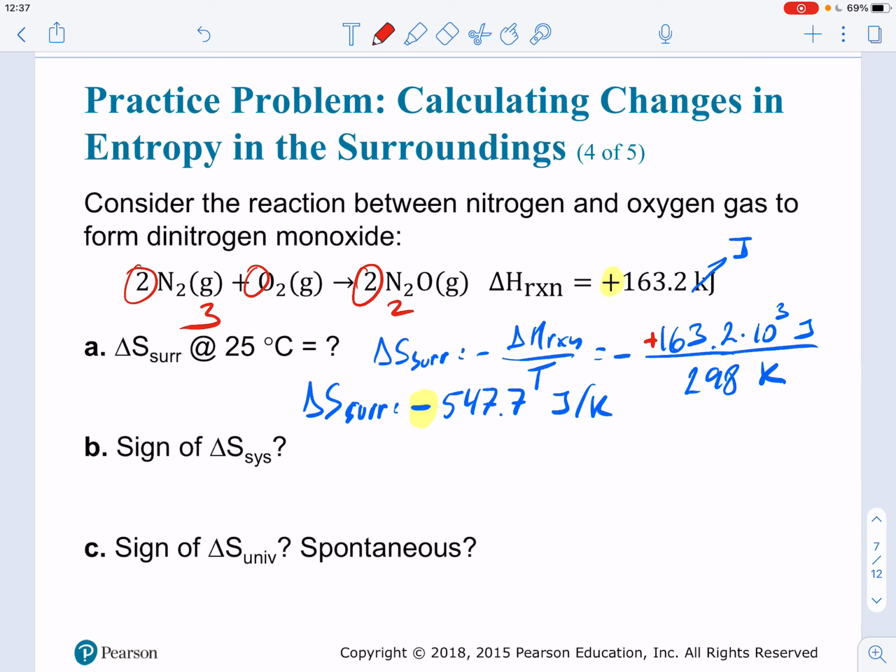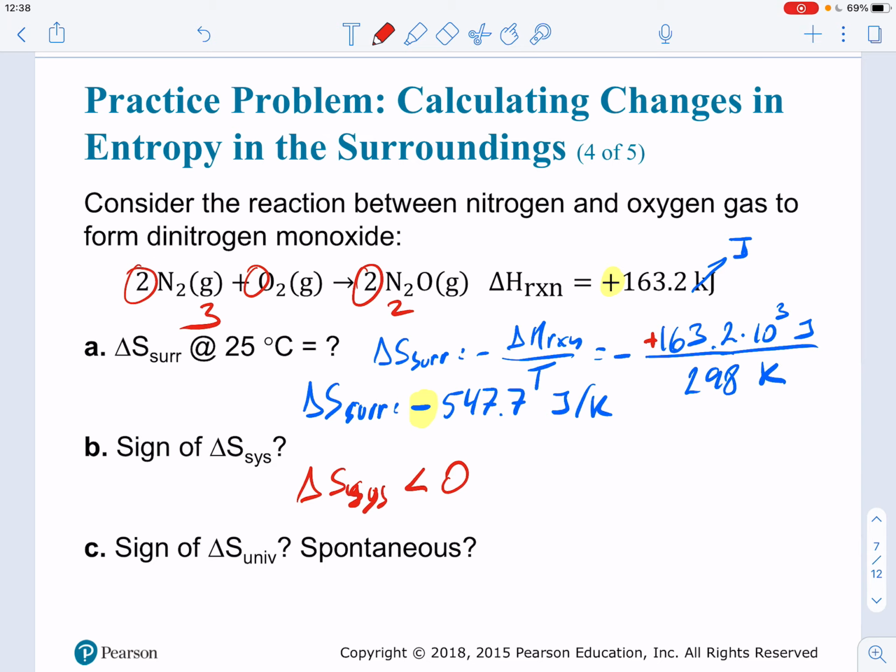So the number of moles of gas on the product side is smaller than on the reactant side. Therefore, the change in entropy for the system is less than 0. If you decrease the number of moles of gas, then you are decreasing the entropy. Therefore, the change in entropy for the system is going to be negative.